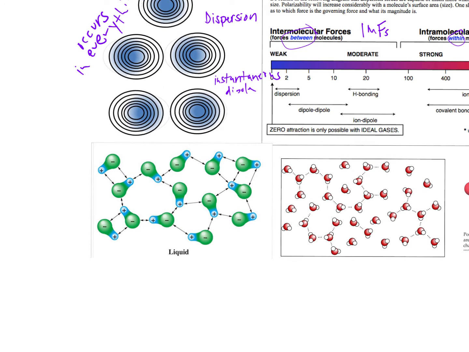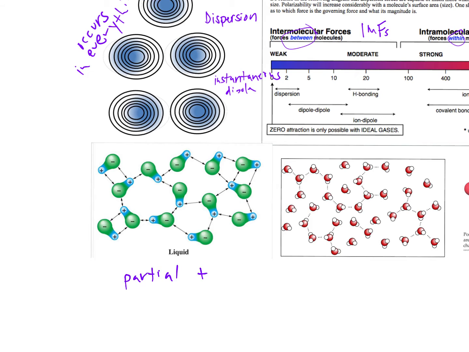Okay. Our next type of intermolecular force are dipole-dipole interactions. In order for molecules to experience dipole-dipole interactions, that molecule has to have a dipole. And the term dipole refers to a partial positive charge on one end of the molecule.